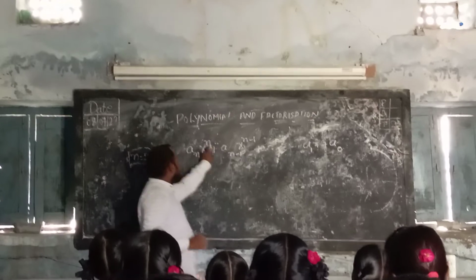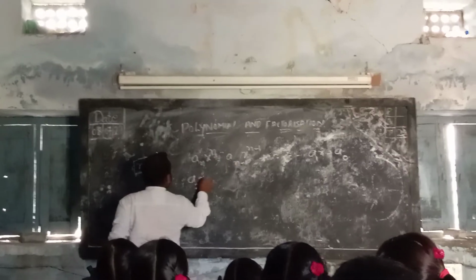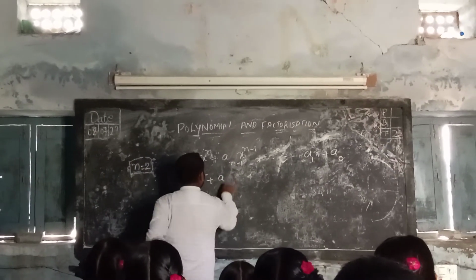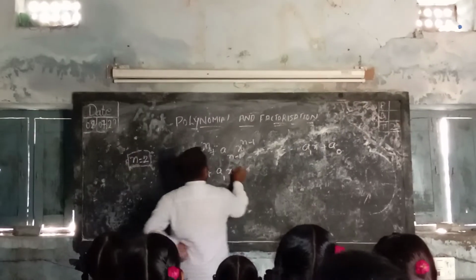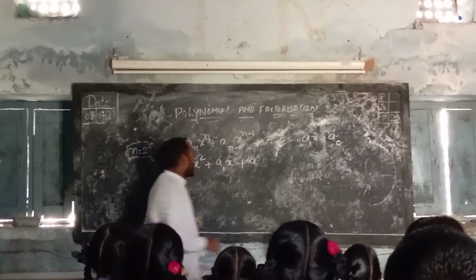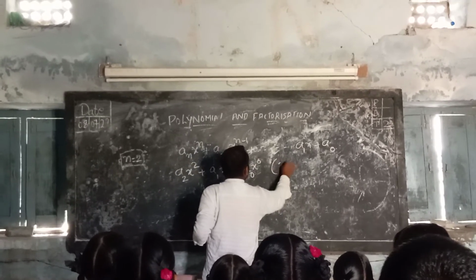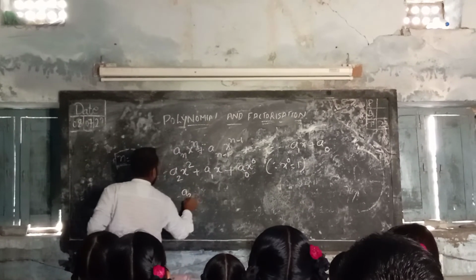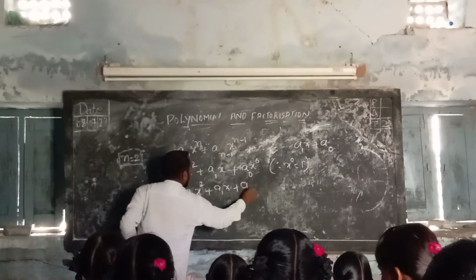In the place of n, we take 2: a2 x square plus a 2 minus 1, which becomes a1, x to the power of 2 minus 1, which is 1, plus the next term, a 2 minus 2, that is a0, x to the power of 0. Since x to the power of 0 is 1, this is a2 x square plus a1 x plus a0.